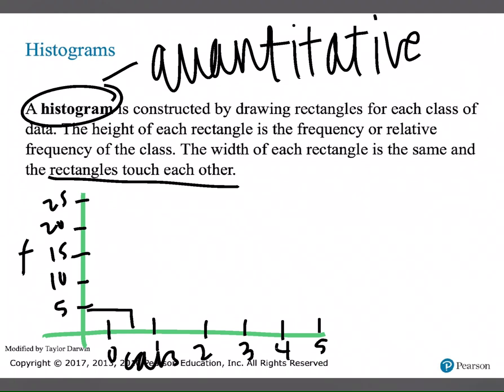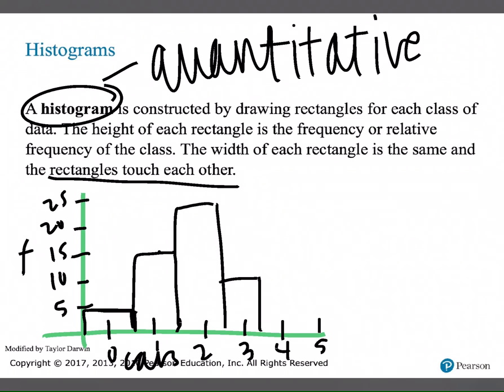I usually draw it right in between the one I'm doing and the next one so that they're evenly spread out. 1, we had 13. 2, we had 22. 3 was 7. 4 was 3. And 5 was 1. And so, again, the bars are touching.